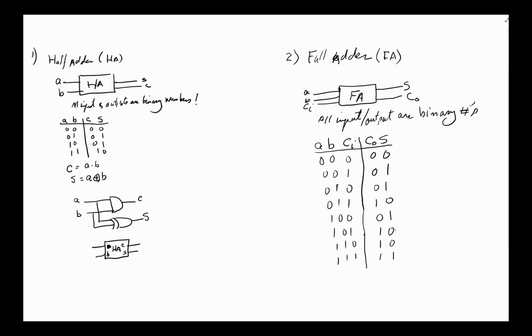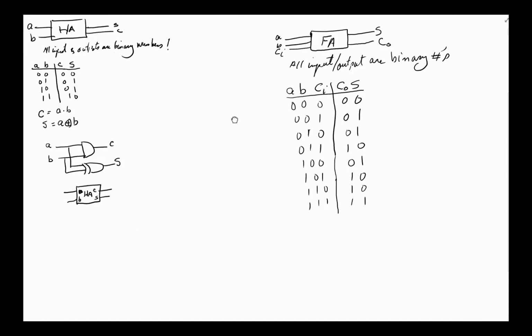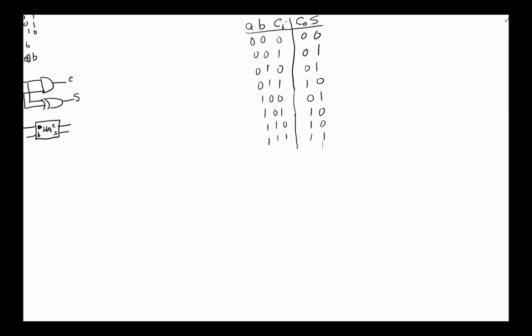Now my job is trying to see if I can minimize this. The easiest way to do that, based on what we've learned, is to do a Karnaugh map for C out and S. Let's go ahead and do that and see if we can come up with something nice and clean. So we've got A, B here, we've got CI here.